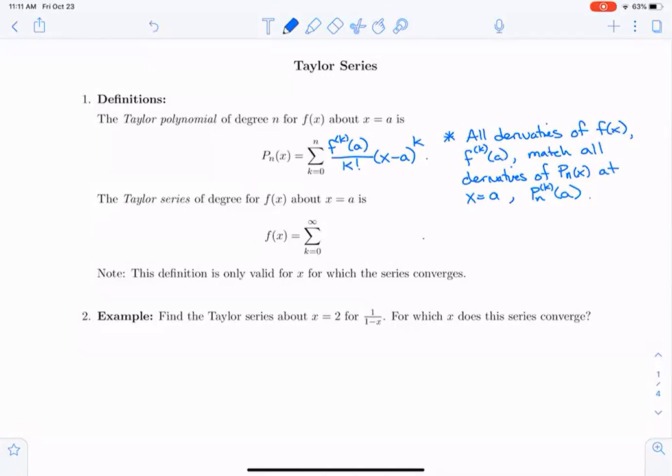Okay, so in this case, we'd say that f of x is equal to the infinite polynomial, where you sum from k equals 0 to infinity, f^(k) of a over k factorial times x minus a to the k power.